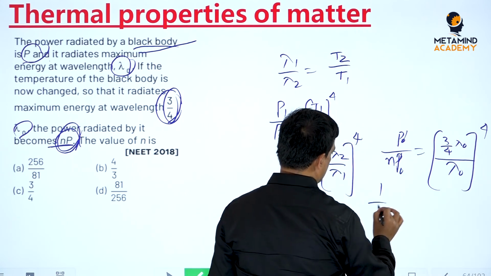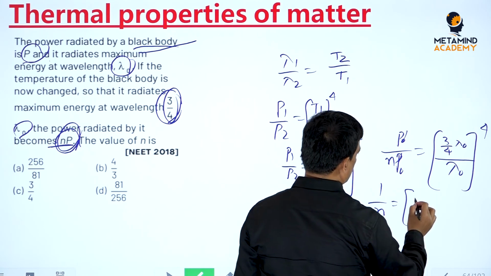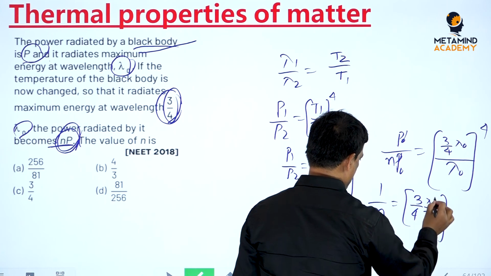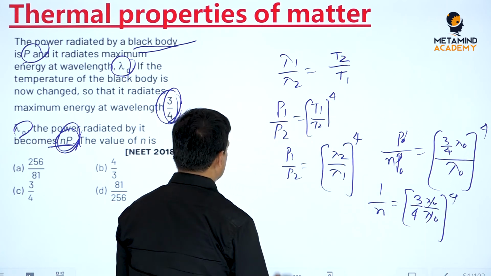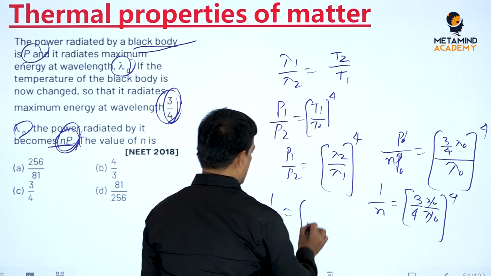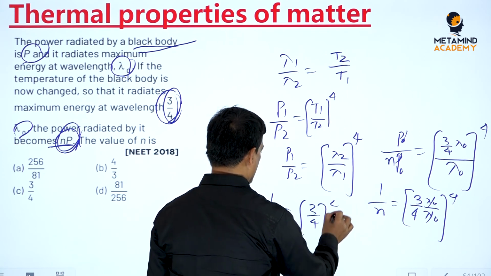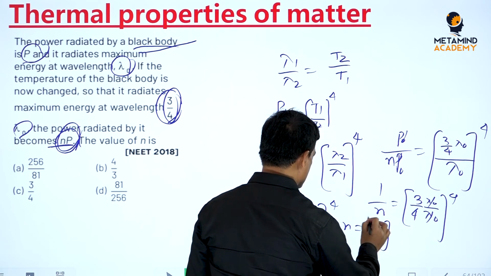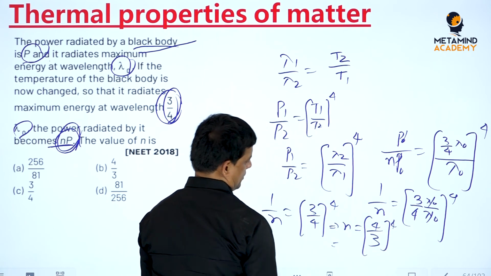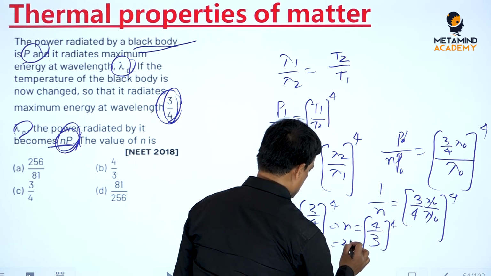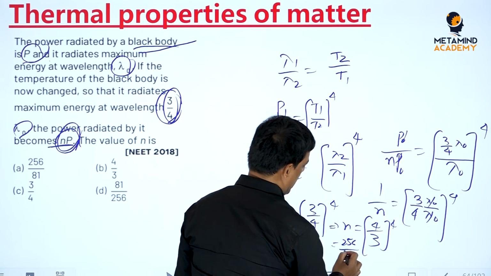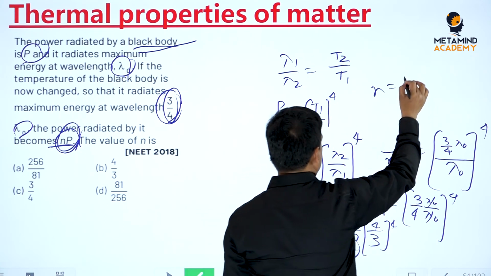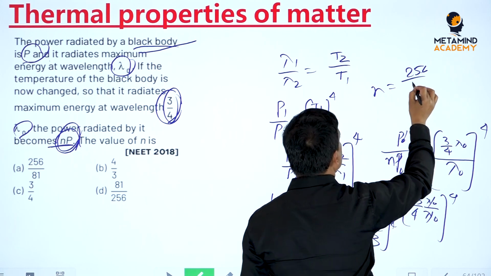So here it goes 1 by n is equal to (3 by 4 lambda 0 by lambda 0) raised to 4, and this gives you 1 by n is (3 by 4) raised to 4. This implies n is equal to (4 by 3) raised to 4, and this will be 256 divided by 81. So your answer should be n equals 256 by 81.